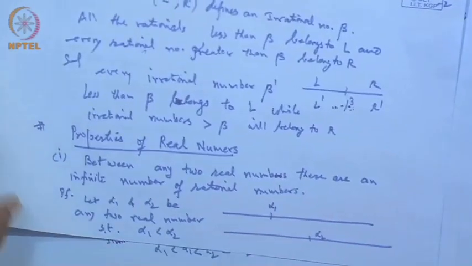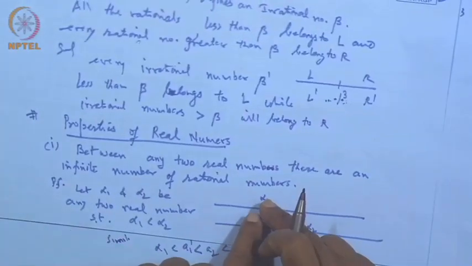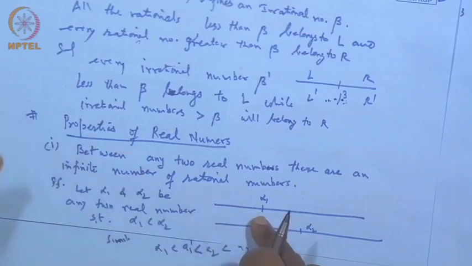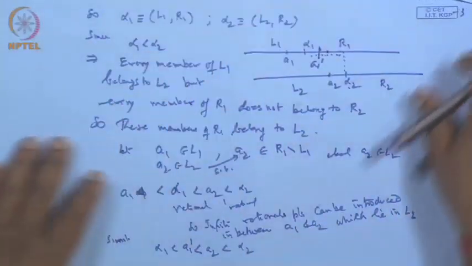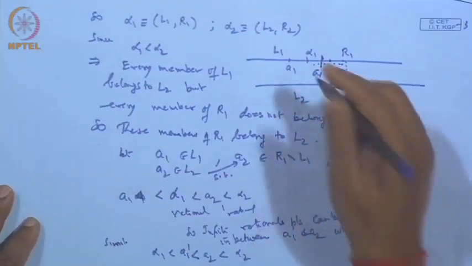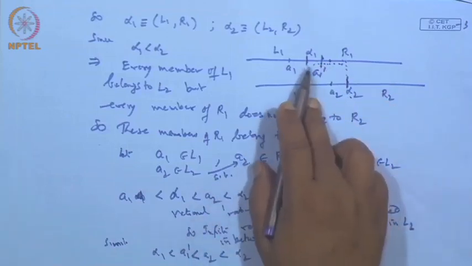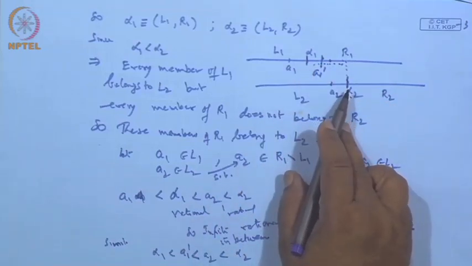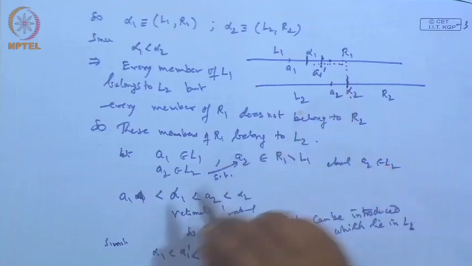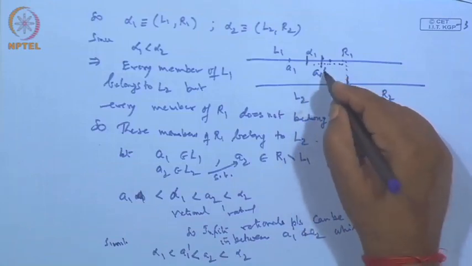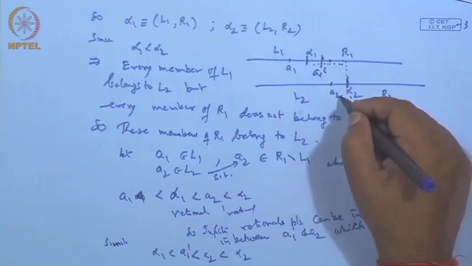Okay. So, again, suppose you choose two real numbers alpha 1 and alpha 2, then an ordering relation can be defined. So, alpha 1 is suppose less than alpha 2, it means you are having a cut of this type. This is alpha 1, here is alpha 2. What we want is that in between alpha 1 and alpha 2 there are an infinite number of rational numbers. So, I am picking up two rational numbers, one is A 1 dash, another one A 2.